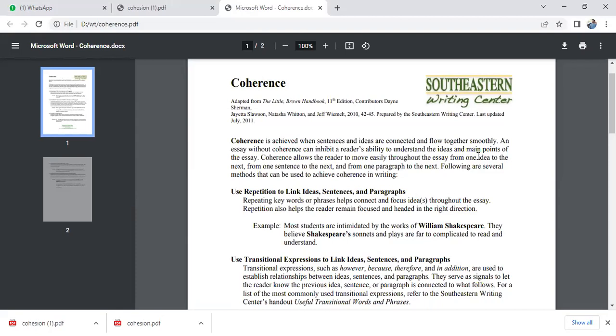Through these cohesive devices, these words, you bring unity in your writing, and that will bring unity in your ideas as well. You will write your ideas smoothly and fluently if there is coherence in your writing. It is achieved when sentences and ideas are connected and flow together smoothly.